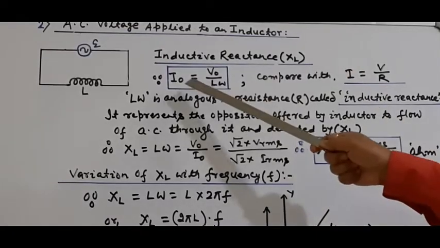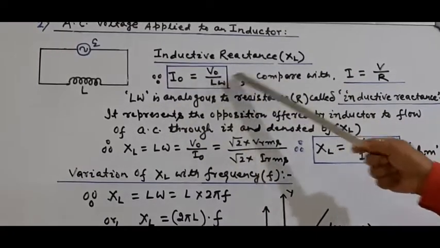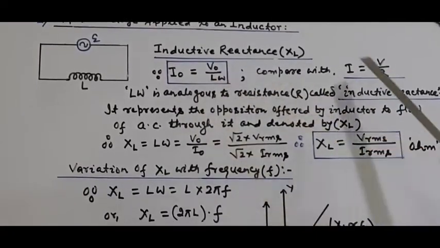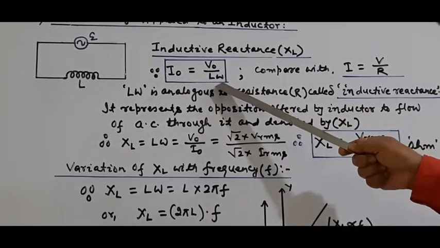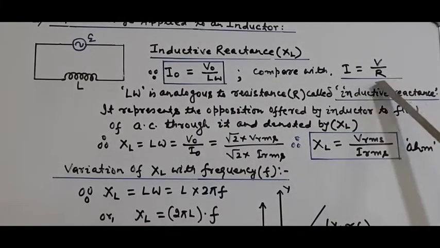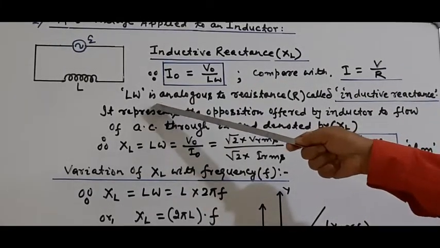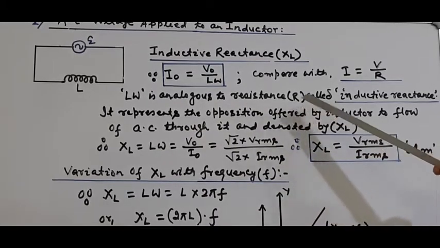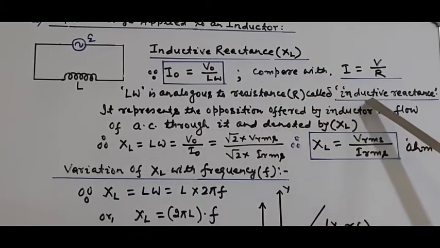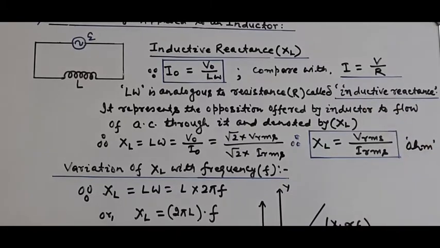Here, in place of I naught is I, in place of V naught is V, in place of L omega is R. It means this L omega is analogous to R. L omega is analogous to resistance R, and this L omega is called inductive reactance.